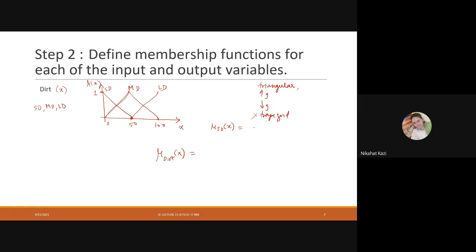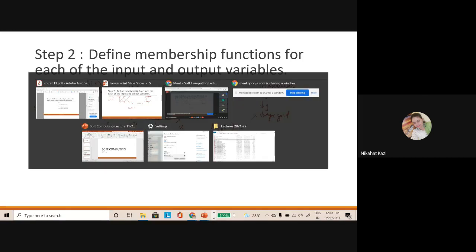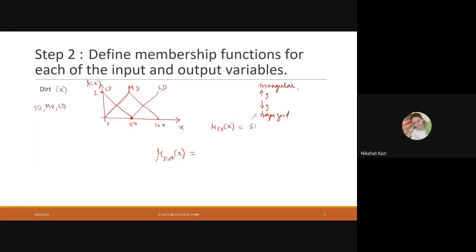So what is the equation? The equation of this line, small dirt, is nothing but (50 minus x) divided by 50, a decreasing function. Okay, and the range of x values is between 0 to 50.